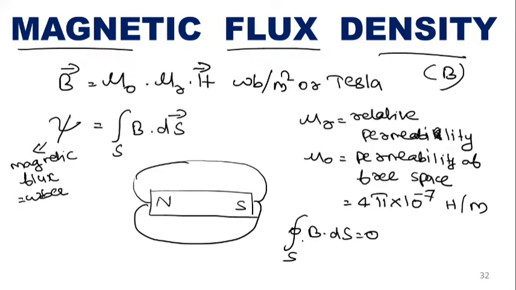We can also say that isolated charges do not exist. There should be a north and south; like that only it will exist. From south to north it will go. Similarly, they will not exist isolated. These are just the theoretical parts that you should know.